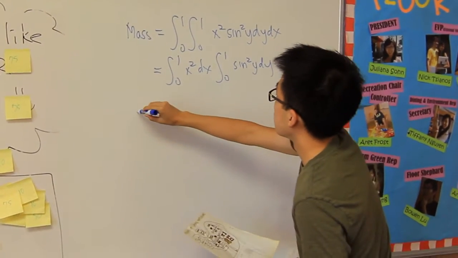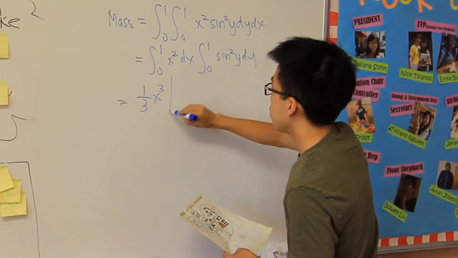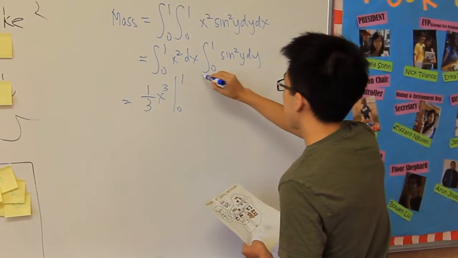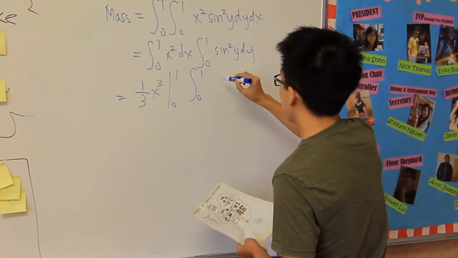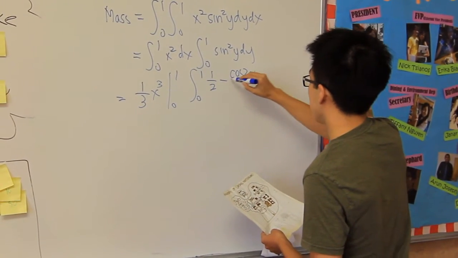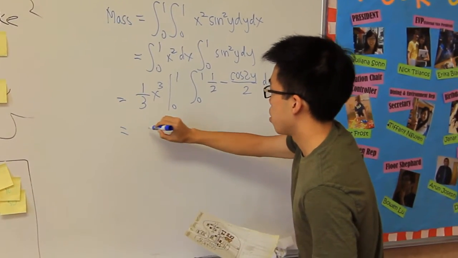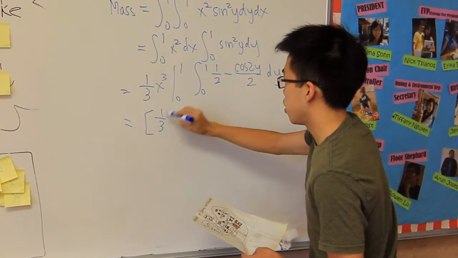And this is just equal to 1/3 x cubed from 0 to 1. And this I could rewrite as 1/2 minus cosine 2y over 2 dy. And the first part just becomes 1/3.